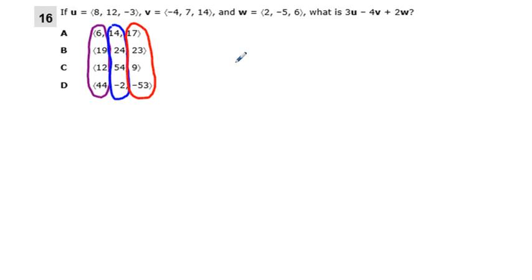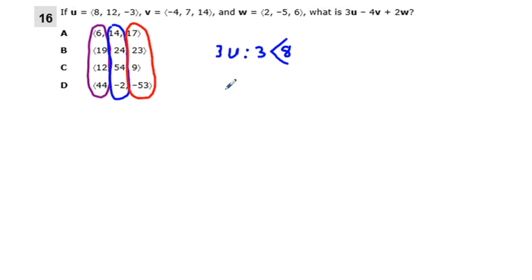So what we'll do for 3U, we're just going to take 3 times, and all I'm going to do is take the first component here, which is 8.